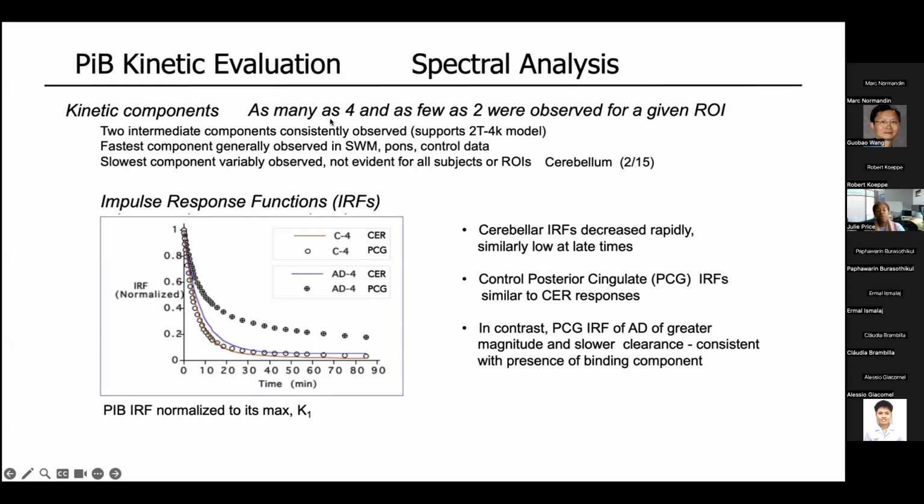It also indicated that as many as 4 and as few as 2 components were observed, but most often they were 2 intermediate components.